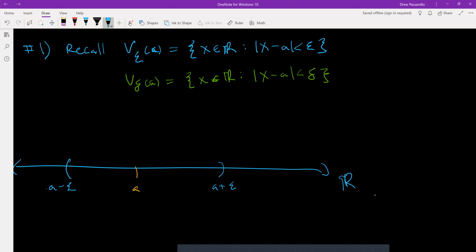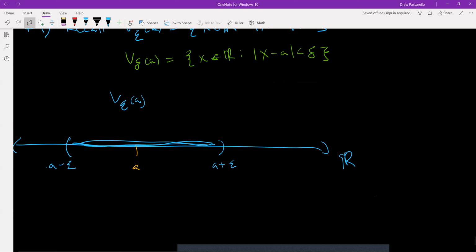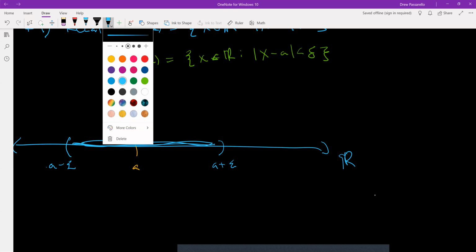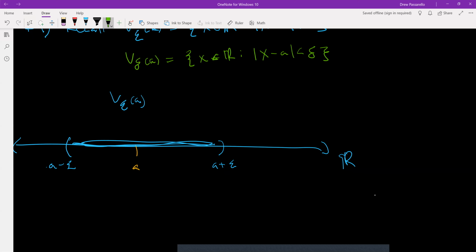So this whole thing is our epsilon neighborhood around a. The delta neighborhood is just another neighborhood. If our delta neighborhood is smaller than the epsilon neighborhood, it'll look like this. This would be a plus delta, and this is going to be a minus delta.